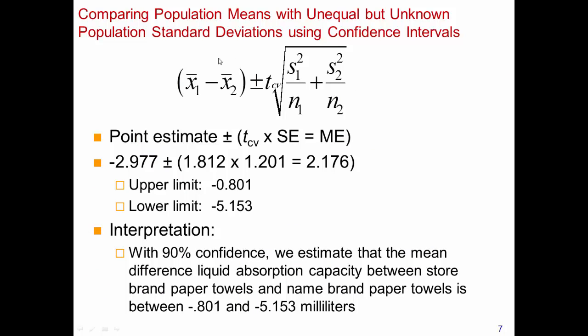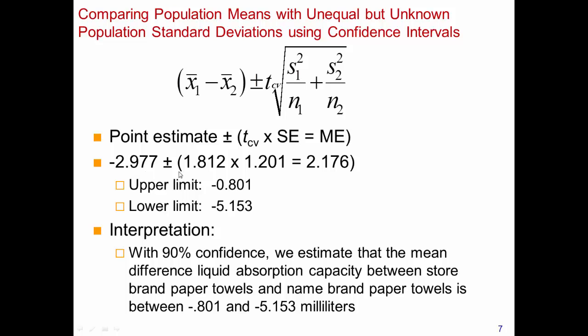So again, here we have our formula for the independent samples t-test confidence interval. Our basic model is that we have a point estimate plus and minus the margin of error. And if you remember from a few weeks ago, the margin of error is just the t-critical value times the standard error.